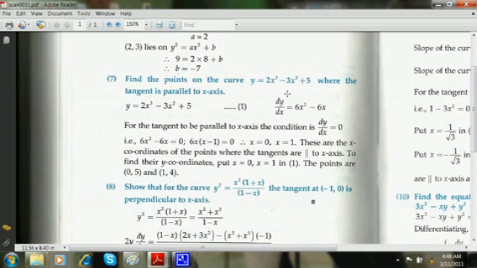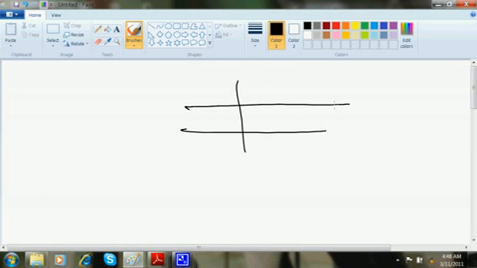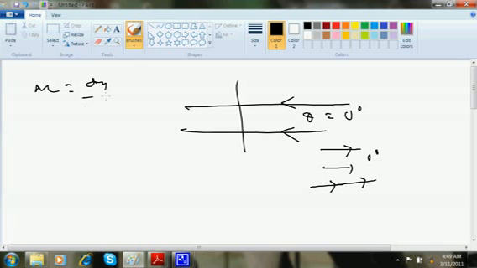Find the points on the curve where the tangent is parallel to the x-axis. When something is parallel to the x-axis, theta is 0 degrees between that line and the x-axis. Angle between two parallel lines is 0 degrees. Angle between a line and itself is 0 degrees. So slope, as I discussed, is dy by dx.